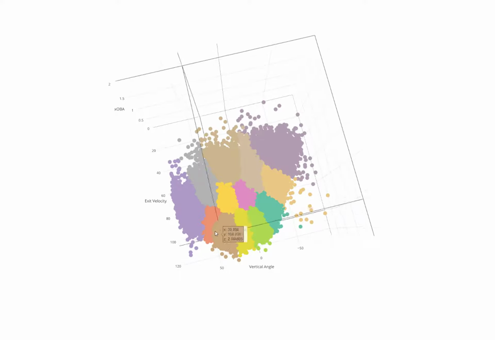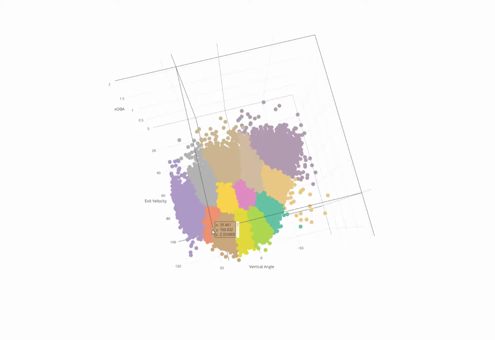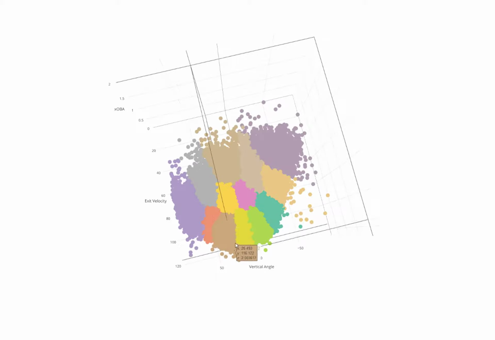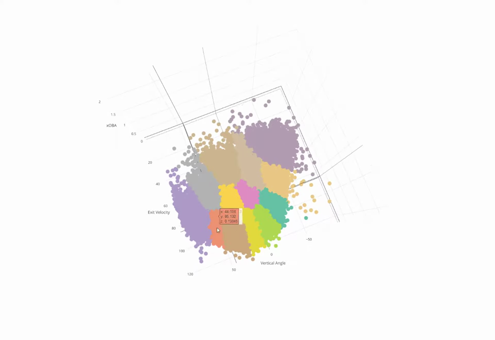So I mean, I've found that about 20 to 39 degrees is roughly where most of the home runs are going to be hit. And then above that, I classify all of these as pop-ups, personally.